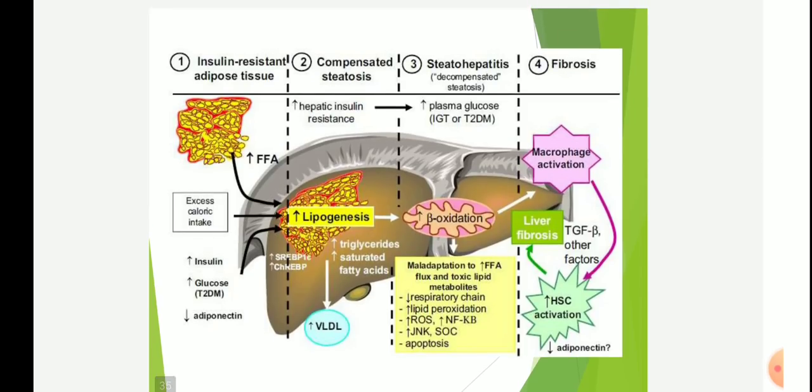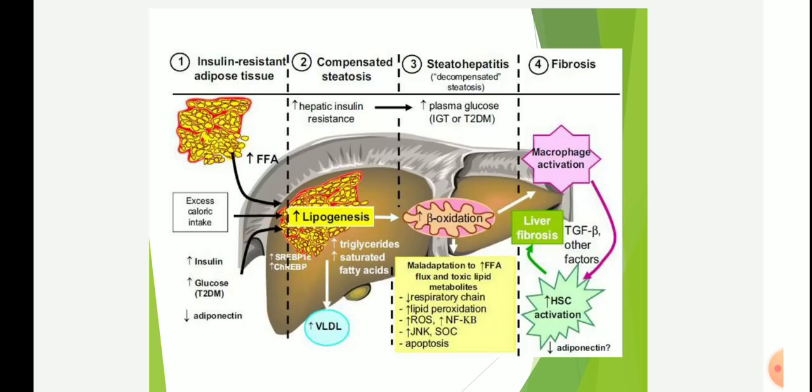So what happens basically here? See, this is a beautiful schematic diagram, causing increased lipogenesis due to oxidation. First step, insulin resistant adipose tissue, compensated steatosis, leading again to steatohepatitis.